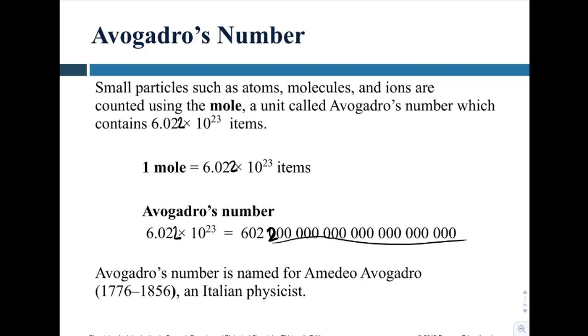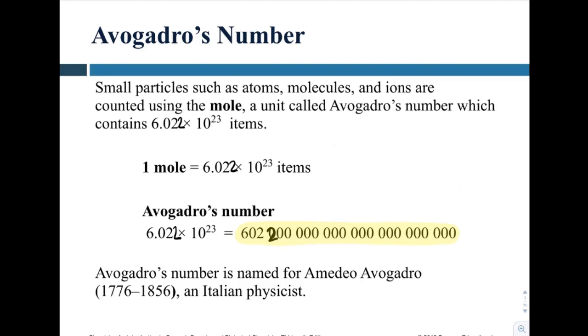A mole of books would be this many books. This number is very large, as you can see here. This is a very, very, very big number. It's a sextillion number. Why would we use such a big number when we're talking about things in chemistry?